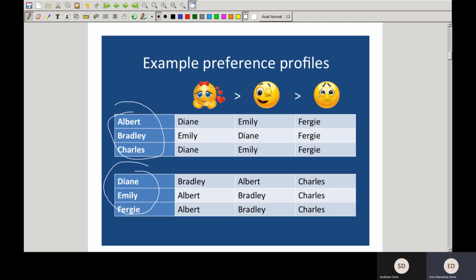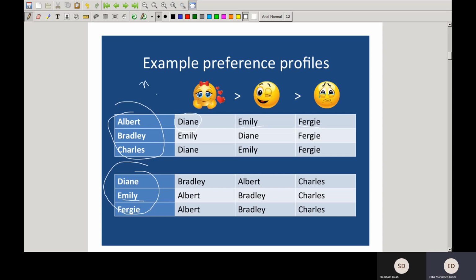You have 3 men, Albert, Bradley, and Charles, and then 3 women, and they give you a preference list. Albert prefers Diane more than Emily, and more than Fergie. Similarly for women you have a preference list. Let's say Emily prefers Albert more than Bradley, and more than Charles. So for each person you have a preference list.